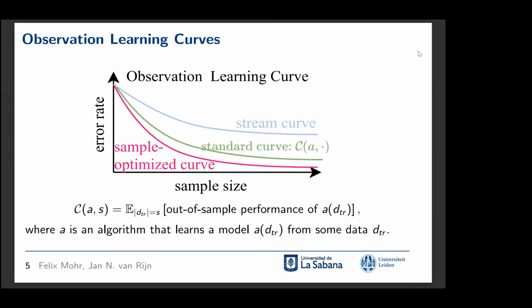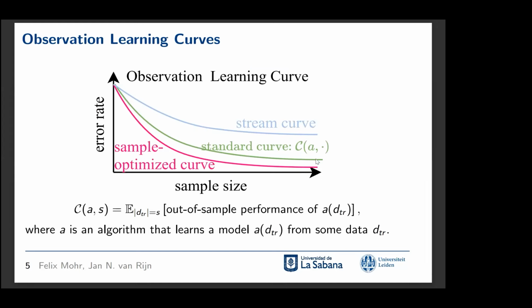As a background on learning curves, let's start with the simplest case, because we will see a couple of performance curves now. Let's start with the one that is probably most known to us: we have some learner, and we're focusing first on this green curve here, which says standard curve.